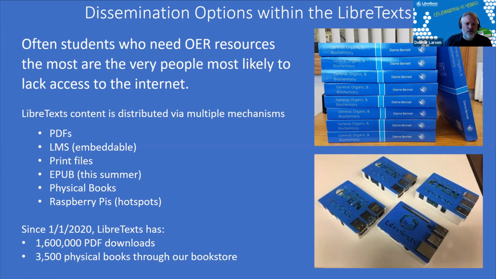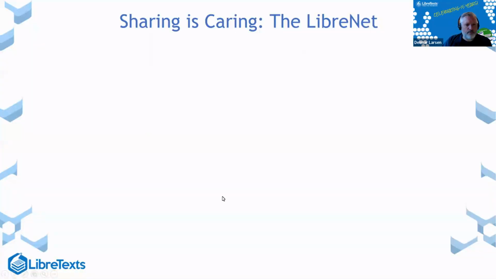However, the COVID pandemic exposed to us that there were lots of populations in America that had limited internet access, whether it's due to infrastructure issues or just financial issues in terms of being able to tap into the internet infrastructure that's out there. We delivered a lot of PDFs to date, over 1.5 million, and we've generated over 4,000 physical books and growing greatly through our bookstore.